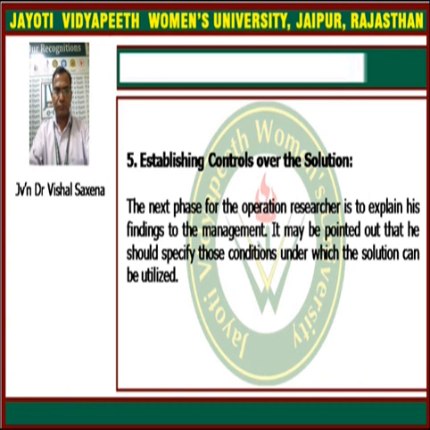So in this step, the operation researcher will explain the conditions in which the solution can be utilized, and what the parameters are for controlling the solution. The researcher, meaning the expert of the operation research subject, will explain in what conditions the solution can be utilized.